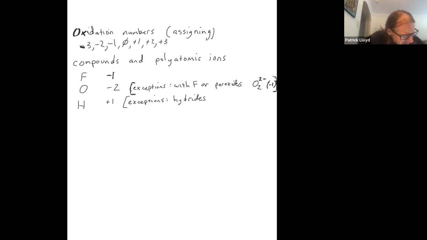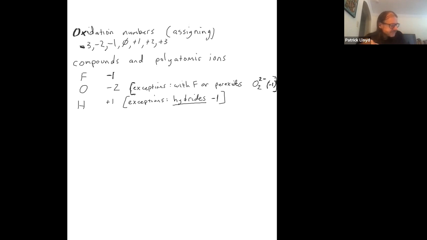In this case, the hydride H is -1. So if you hear that it's a hydride, you assign the value -1 to the hydrogen. If you hear it's a peroxide, you assign -1 to oxygen. In any other compounds or polyatomic ions, hydrogen and oxygen are +1 for hydrogen and -2 for oxygen. Again, remember, when I write the oxidation number, I put the sign and then the number, right? The value. Okay. So there you go.